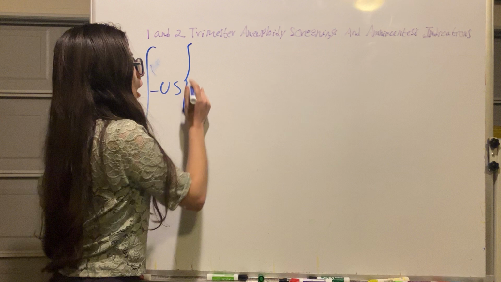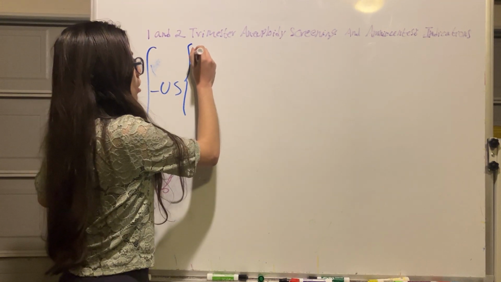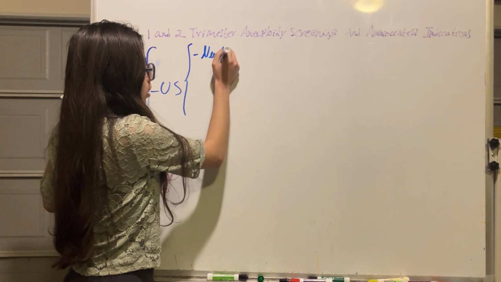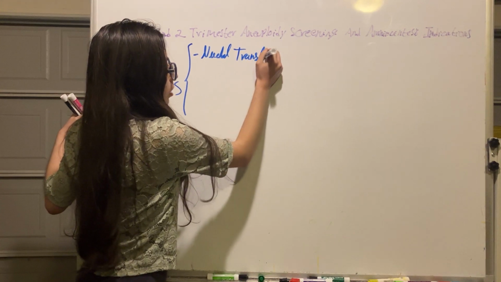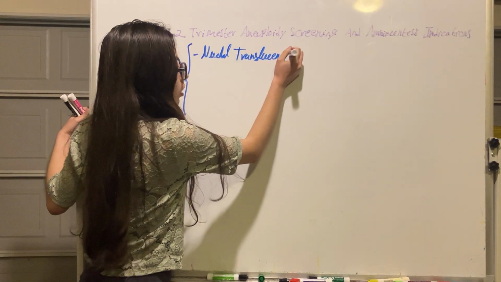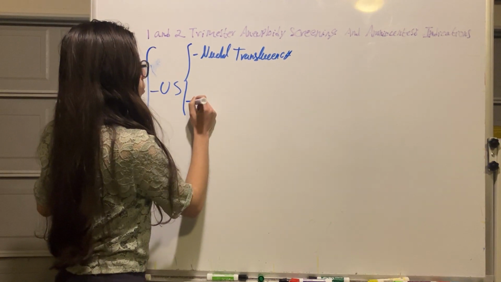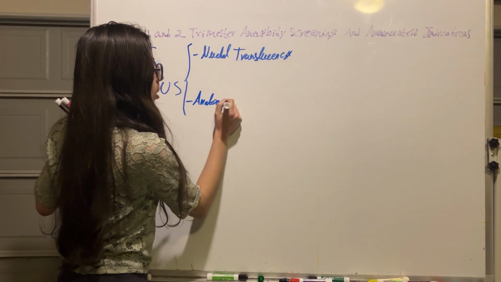So to evaluate aneuploidy with ultrasound, we can measure nuchal translucency, or we can do what is called the anatomic ultrasound.